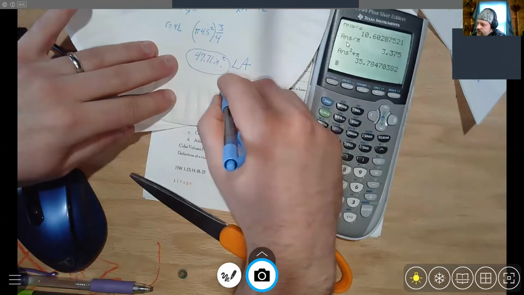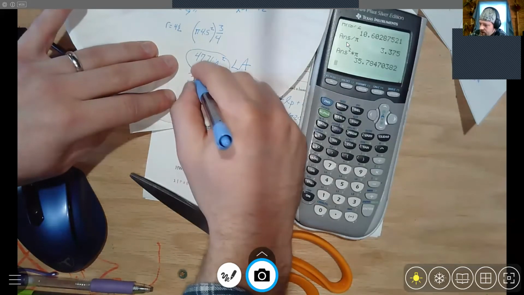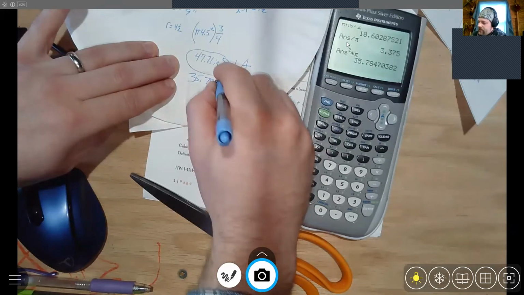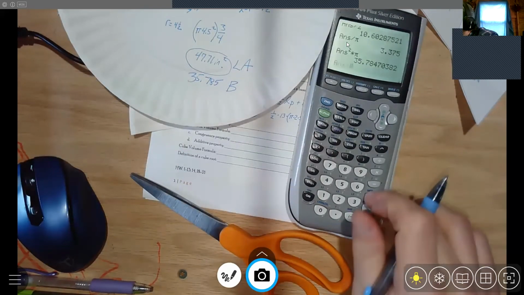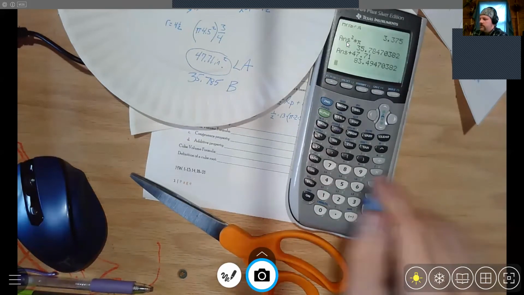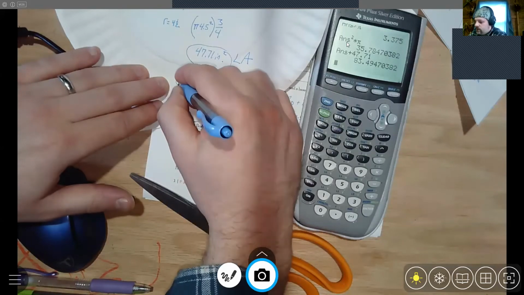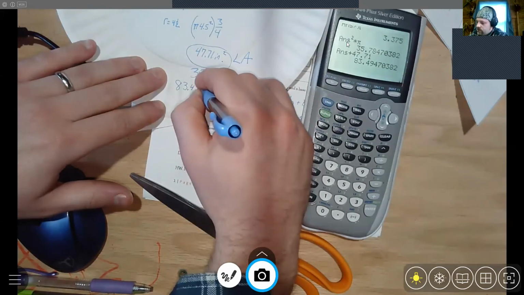The area of the base, we just figured out, was 35.785. And we'll just add those together. So plus 47.71. And we end up with a surface area of 83.49 inches squared.